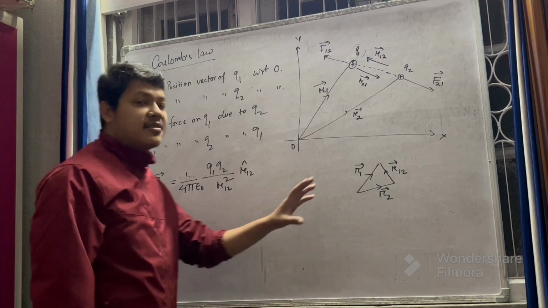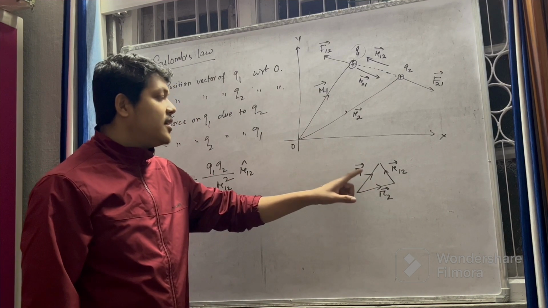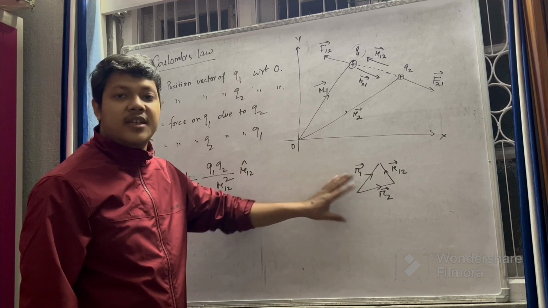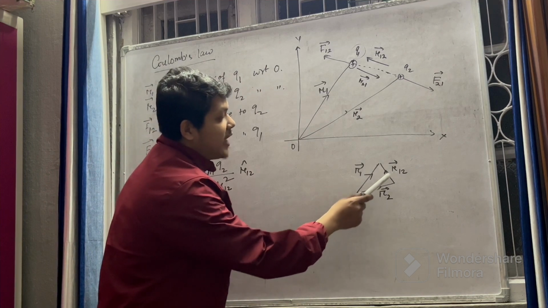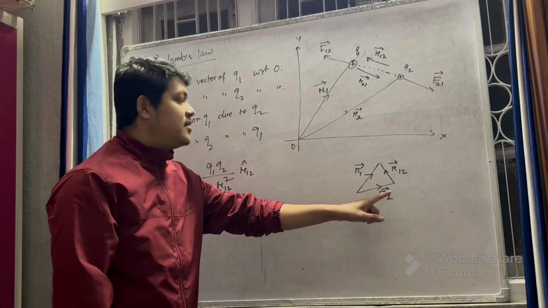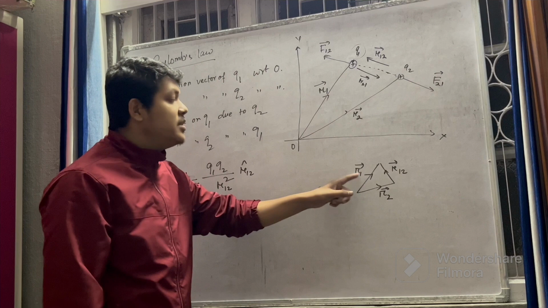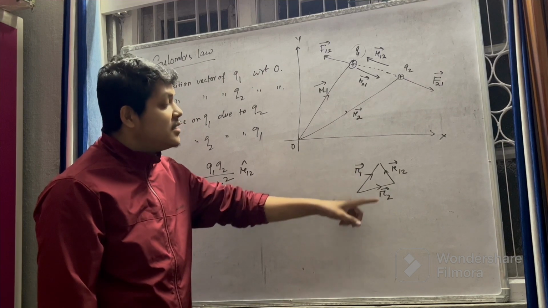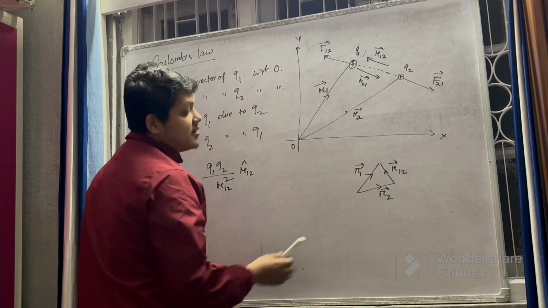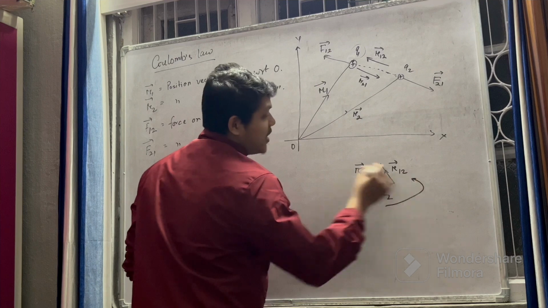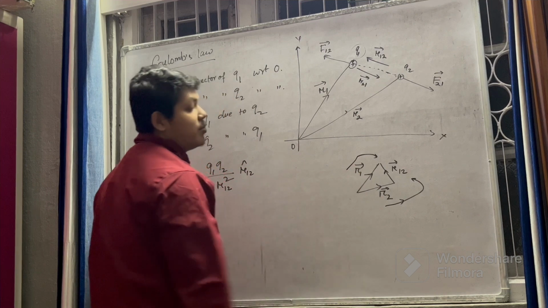According to the triangular law of vector addition, suppose you have three vectors which are the sides of a triangle. Then if two vectors are in the same order, the third side of this triangle, which is in opposite order, will give the resultant of the vector addition of these two vectors, right? That means R2 vector and R12 are in the same order, and R1 vector is in opposite order.